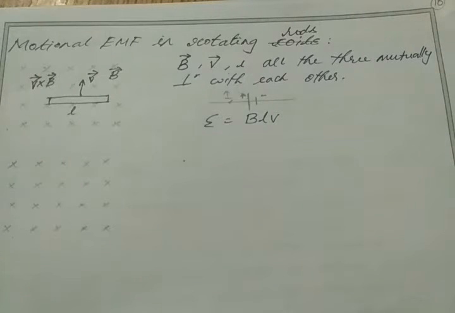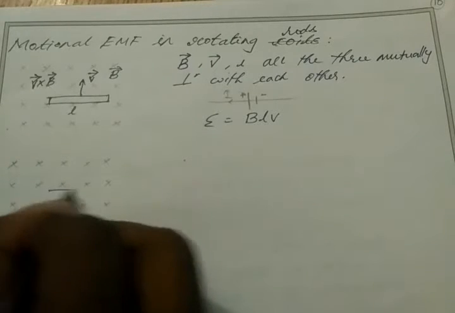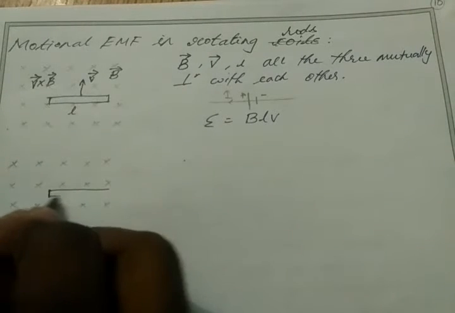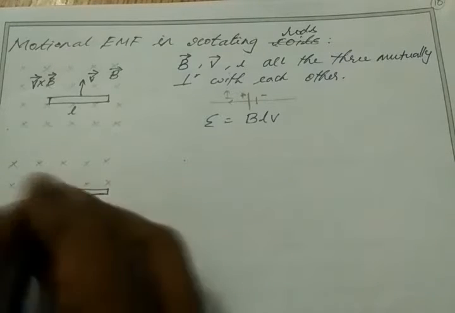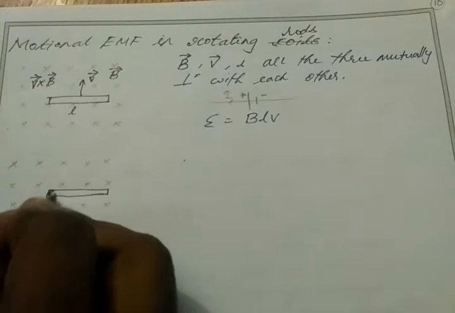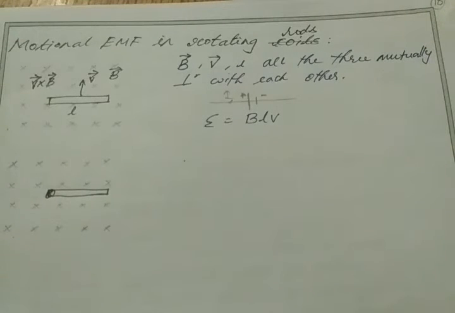Now consider another situation. In this cross magnetic field, we have a rod and the center of the rod is fixed. With that fixed center, the rod is rotating. Okay, so this is fixed and the rod is rotating like this. Can you visualize this?